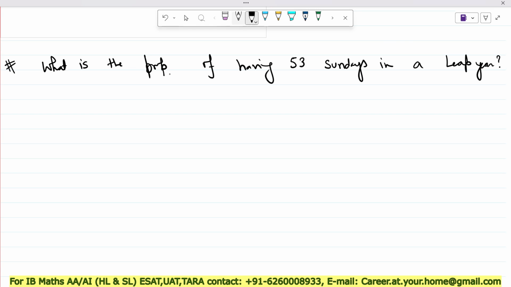If we have a leap year, then what is the probability that it may have 53 Sundays? This is a very important question. It is being asked from seventh or sixth standard to your graduation and post graduation level.